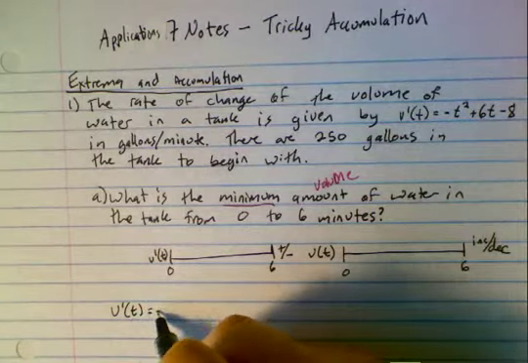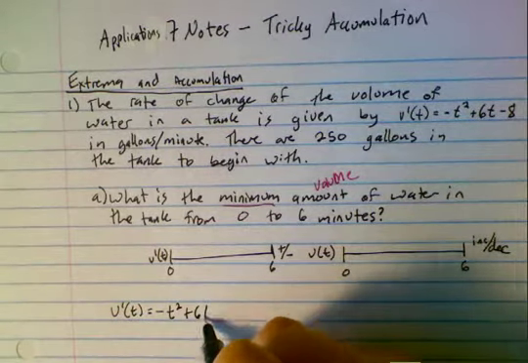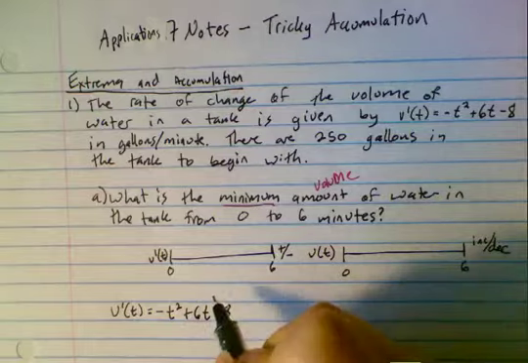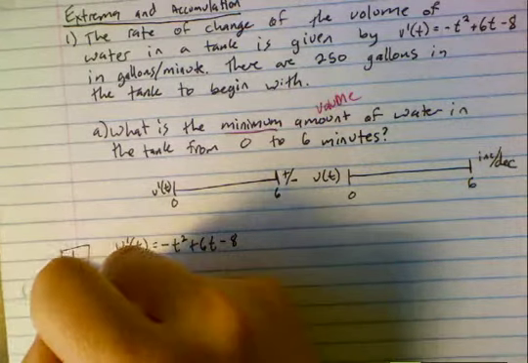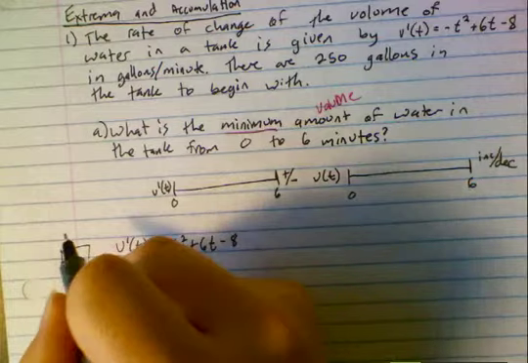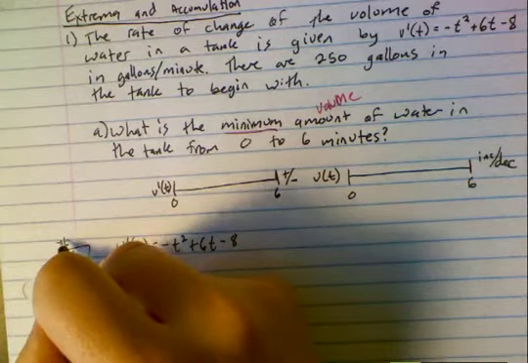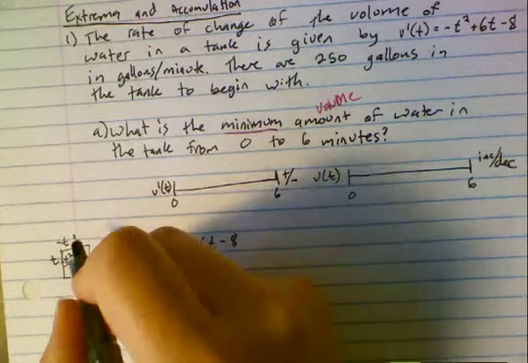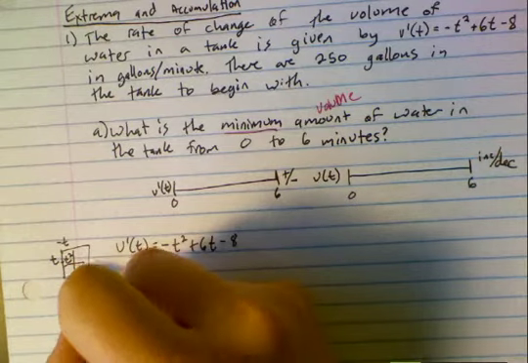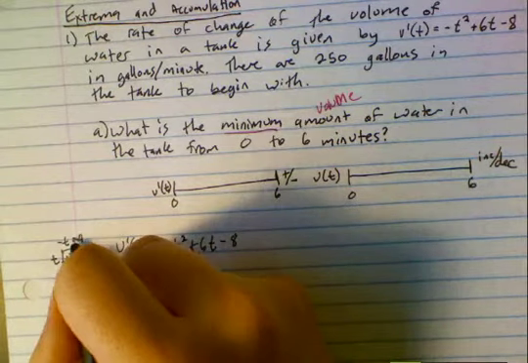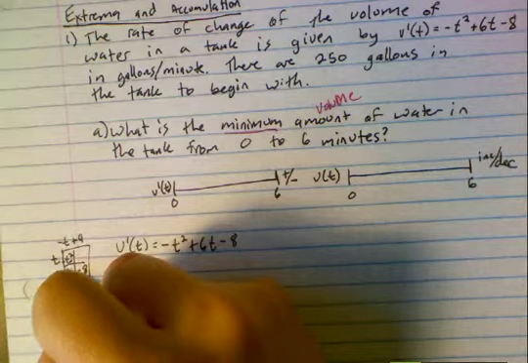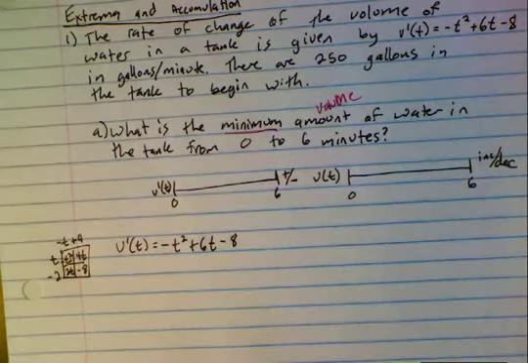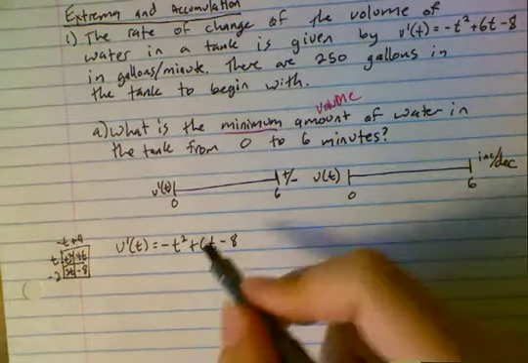V prime of t is negative t squared plus 6t minus 8. If we do our factoring, so that would be t and negative t. And to get negative 8, we can do 4 and negative 2, and that works out fine. 2t plus 4t gives us that 6t right here.